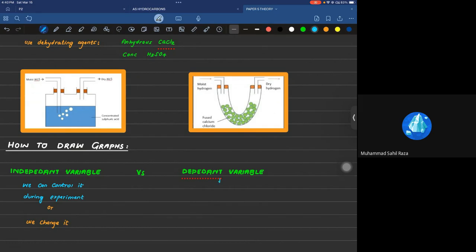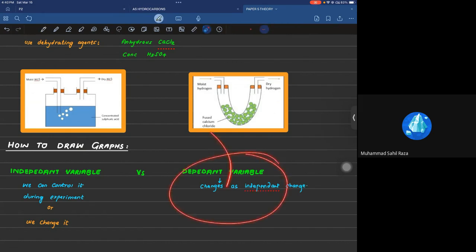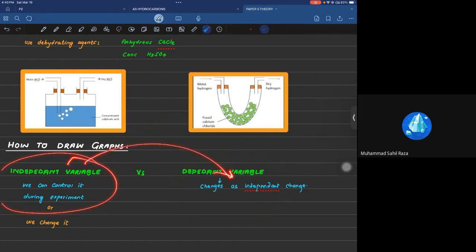The dependent variable changes as the independent variable changes. In short, the dependent variable depends upon this variable. If this is changed, it would change automatically.